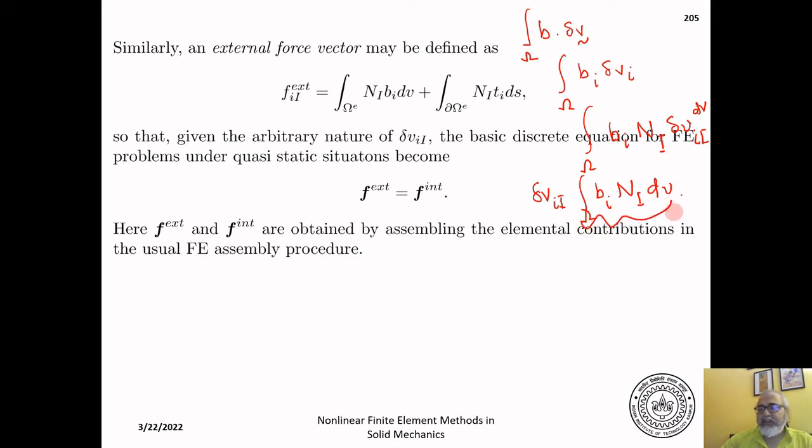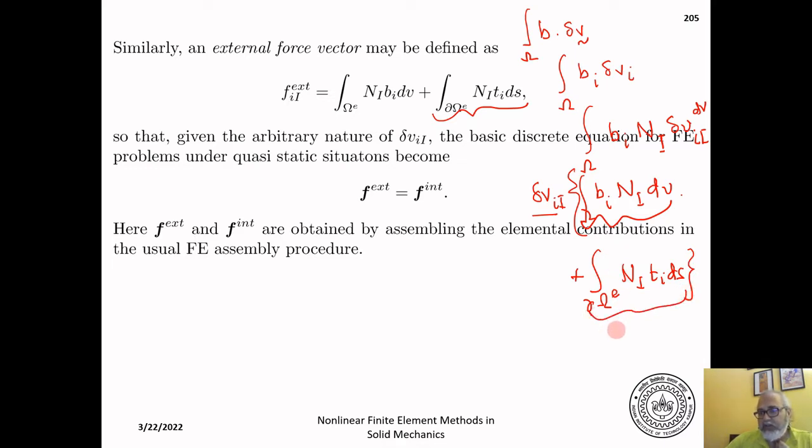So this is the external force, nodal equivalent external force for the body forces. Similarly, this is for the surface tractions, so let me add the surface traction also. So this whole thing, which we call F external, FIi external, is the virtual power due to the external force.